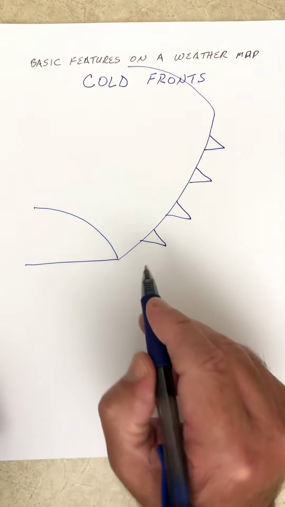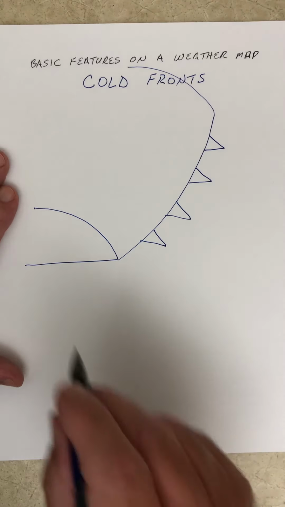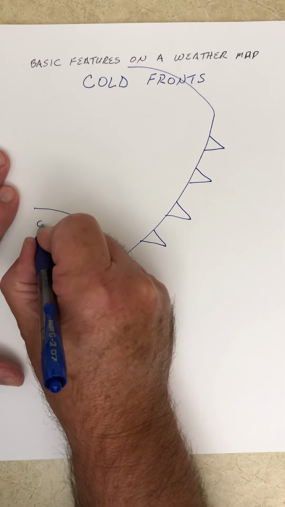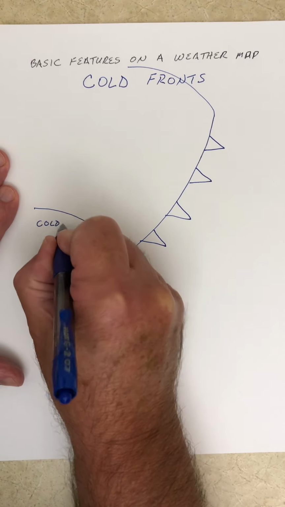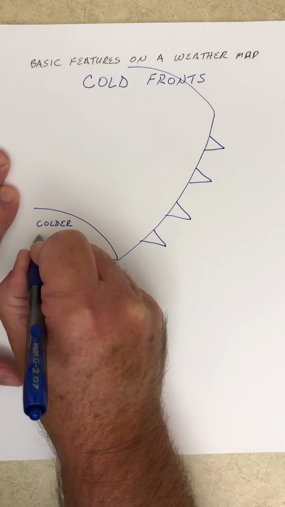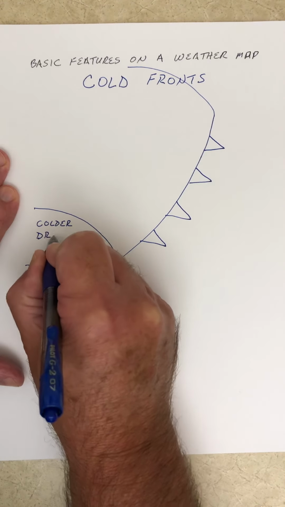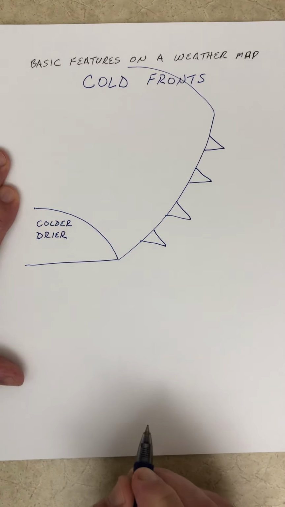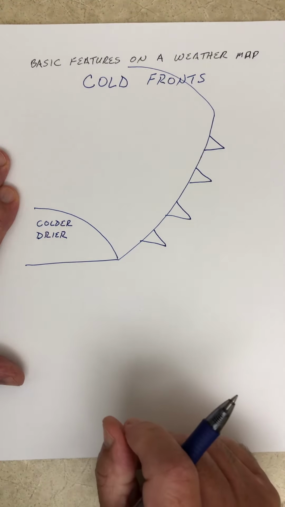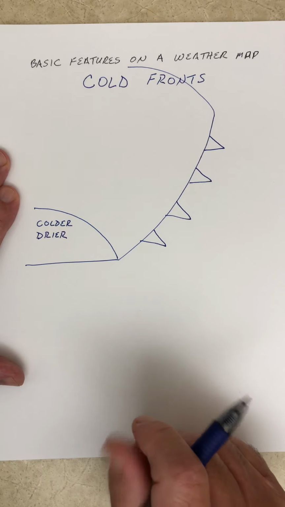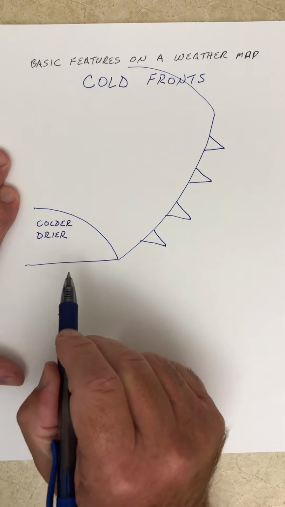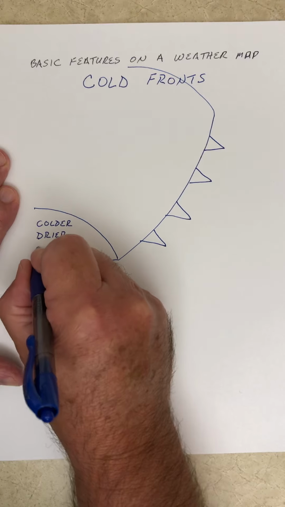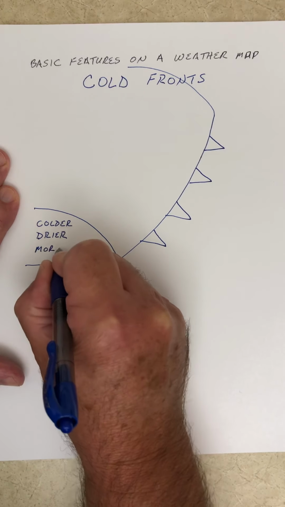So behind the cold front, you're going to find colder and drier air. And so this is typically air that's coming out of Canada. If you want to say we're importing it from Canada, you can think of it that way. Being colder and drier, this is going to be more dense air.